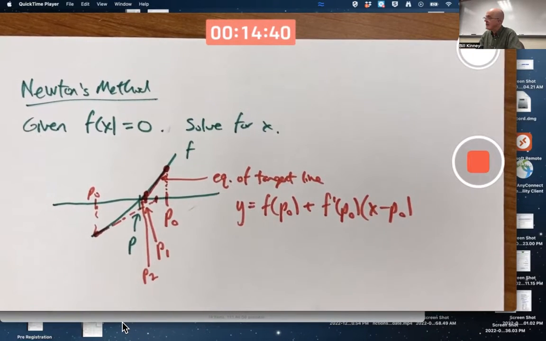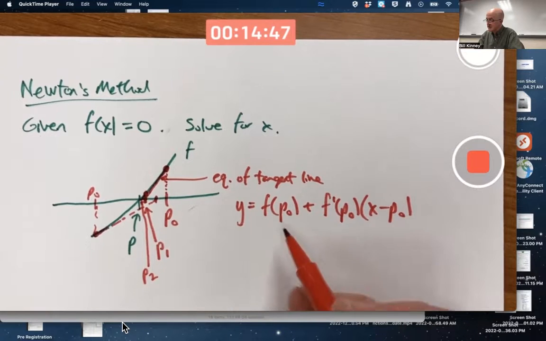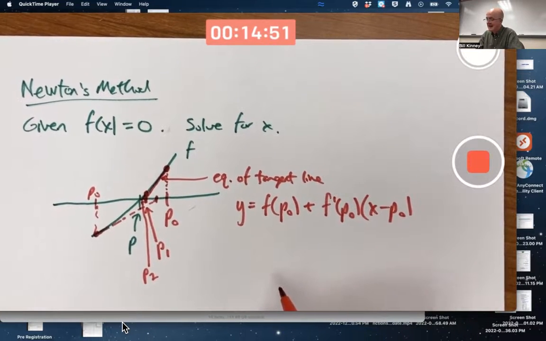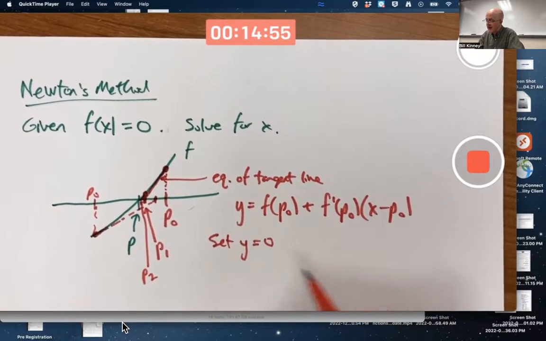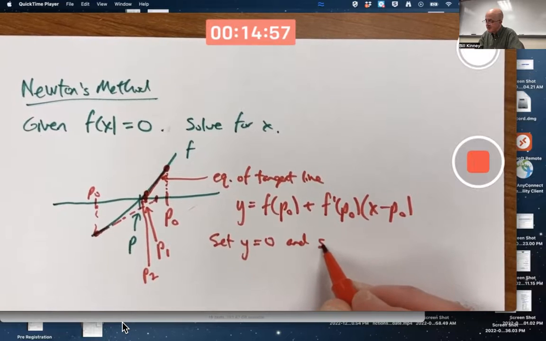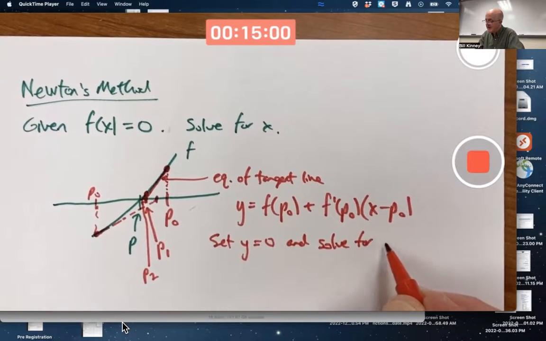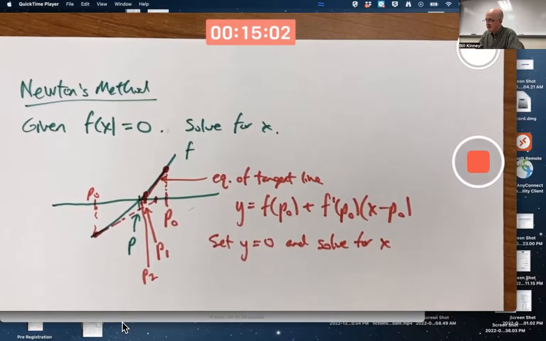The function that's nonlinear, the green function f, at the point x equals p0. This could be used to approximate the function f, but what I'm doing now is I'm trying to find this x-intercept. So now set y equal to 0 and solve for x. And that value of x will be the value of p1.